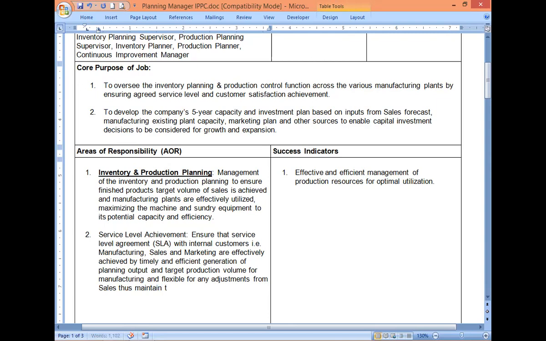Maintain the customer. Customer driven. When you're talking about sales, it should always be a customer driven concept of service.